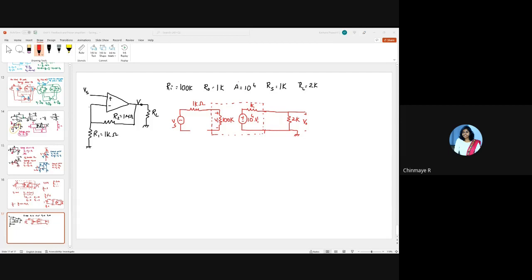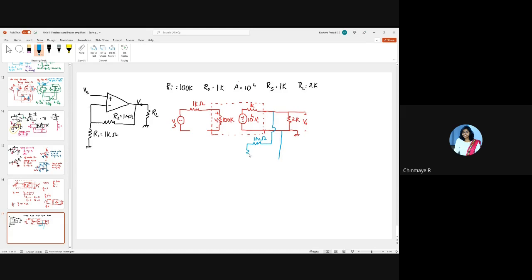Okay, voltage series feedback. So we are sampling the output voltage here, right? So since we are sampling the output voltage, this is done in parallel. Let me use a different color. So we are going to sample the output voltage. Since we are doing it, we'll do it in parallel, correct? So you have a 1 mega ohm here.